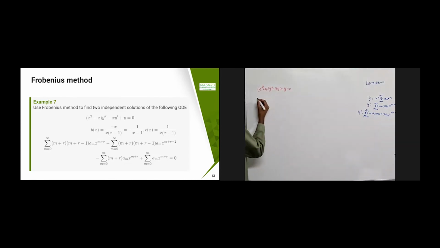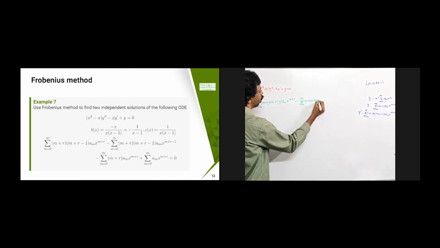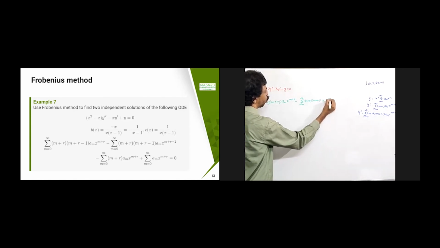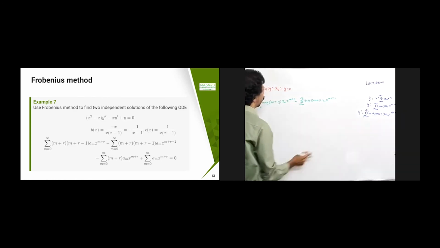Okay, let us solve this problem. So I have to substitute that over here. Summation m equal to 0 to infinity (m plus r) into (m plus r minus 1) into am into x power m plus r is going to come, because I am substituting x square. Minus summation m equal to 0 to infinity (m plus r) into (m plus r minus 1) into am into x power m plus r minus 1, because here x into y dash, and only one term will cancel.